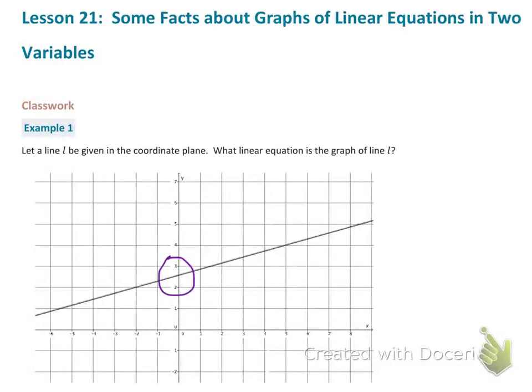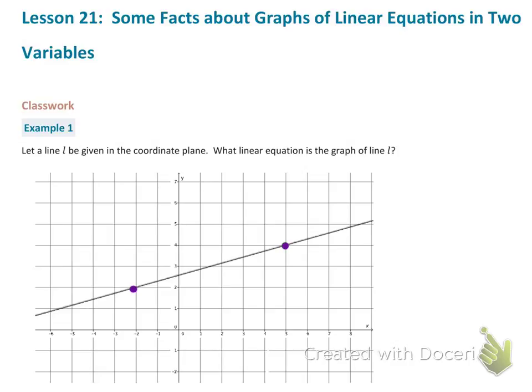In this case, the y-intercept crosses the graph in between grid lines, so it's not a good point for us, and we're not going to be able to use it. So what we need to do is locate two points that we can read the coordinates of, and I see one right here, and I see another one up here.